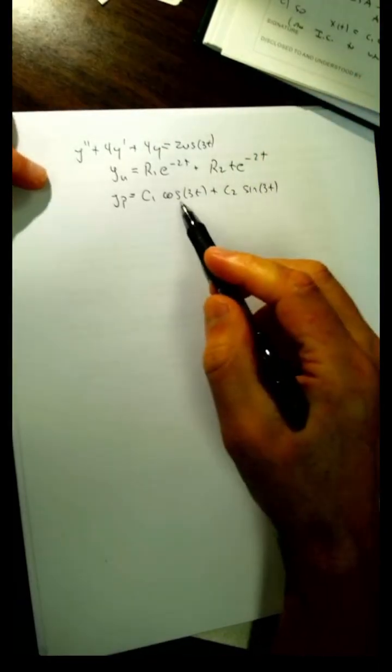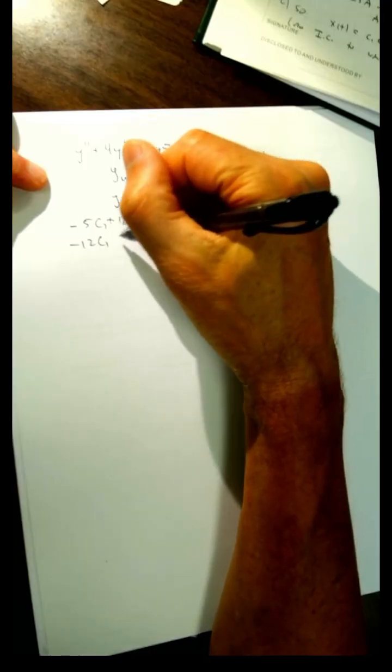I took that and plugged it into the differential equation, and that implies that minus 5c1 plus 12c2 is 2, and minus 12c1 minus 5c2 is 0.